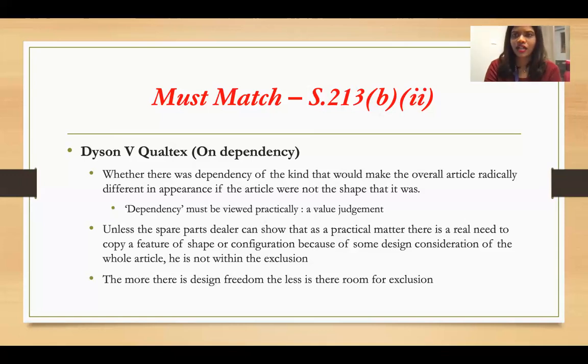Yes, when we look at the car door, if the car door is not there, the shape of the car is not the same. The configuration of the car is not the same. The design of the car is not the same anymore. So when you have a particular article that is not the same anymore, if you take out the door, it doesn't stay the same, then that will fall under must match.